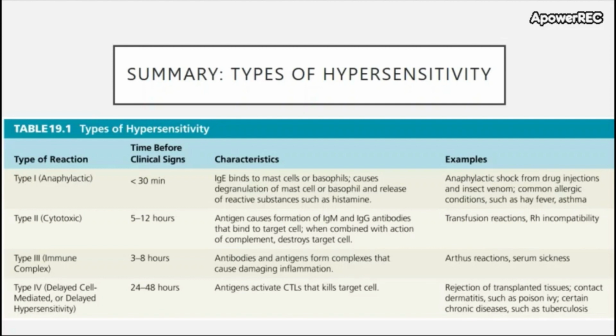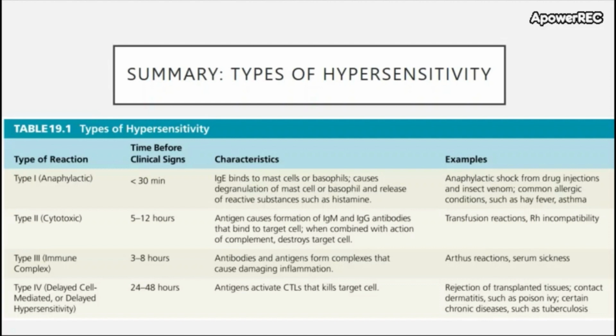Lastly, we have the type 4, the delayed cell-mediated or delayed hypersensitivity reactions. They take the longest, typically 24 to 48 hours. They involve CTLs, which are just the cytotoxic T lymphocytes. And because this is cell-mediated, it requires an exposure first and an immunogenic reaction first.